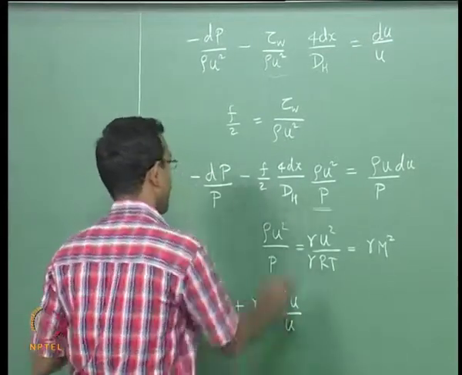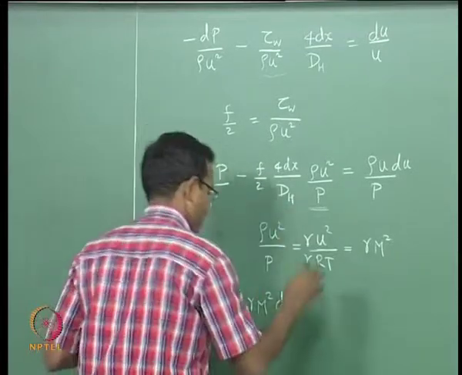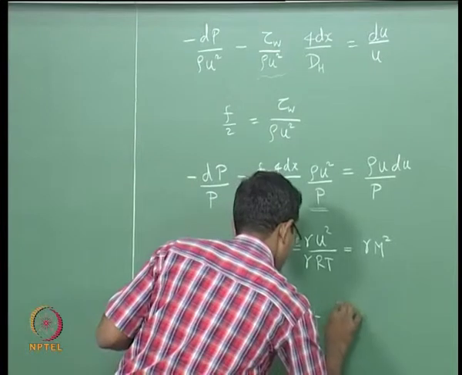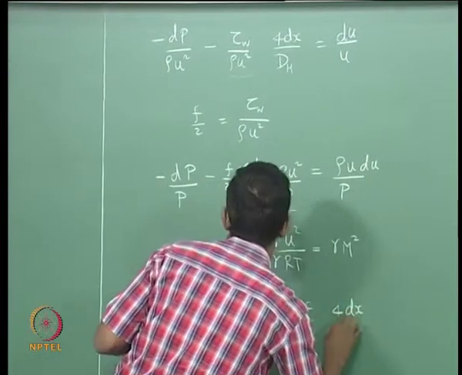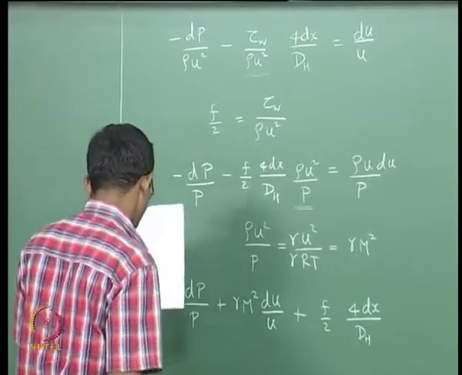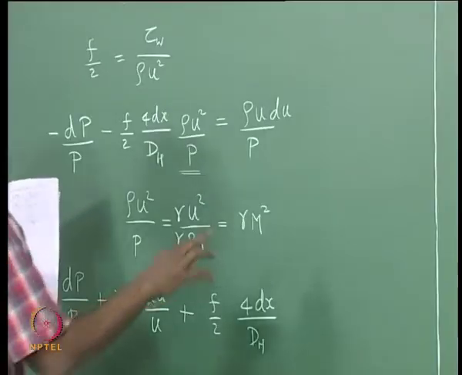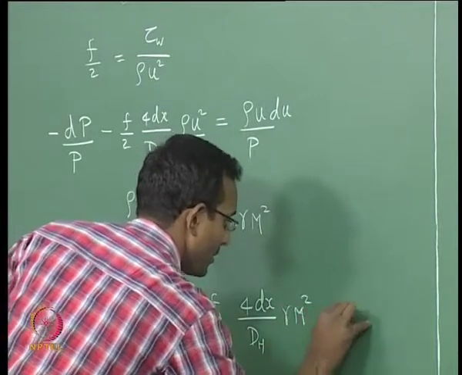And then this one term, I do not want to cancel this 4 by 2 as 2, we will just keep it as is. So it is going to be f by 2, 4 dx by dh. We will get it to this particular form. Oh, wait, I missed one, gamma M square here, gamma M square equal to 0.